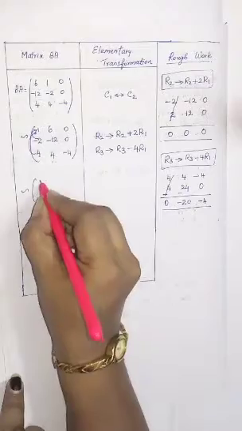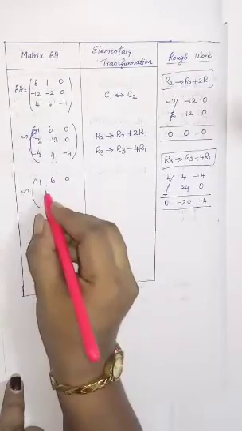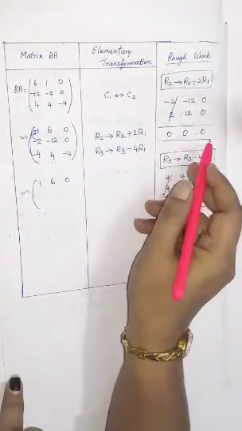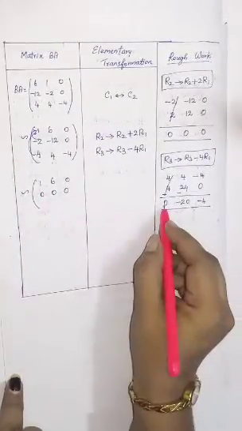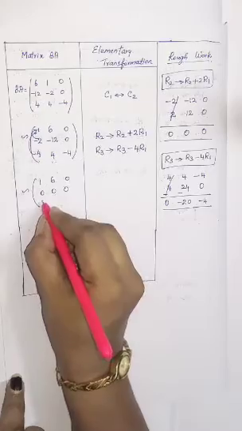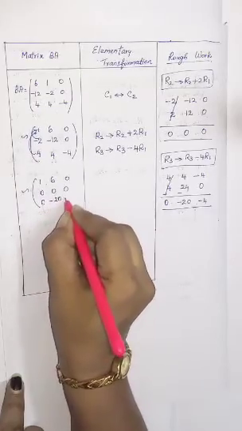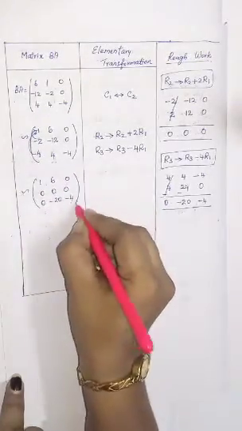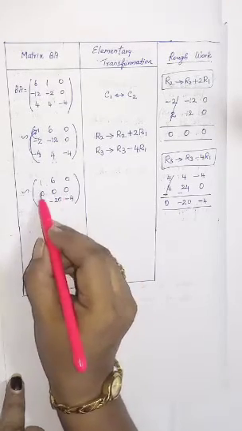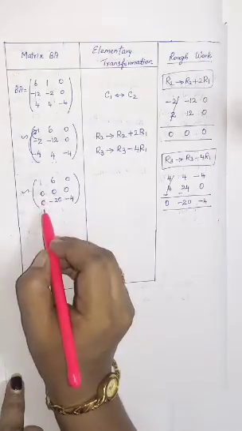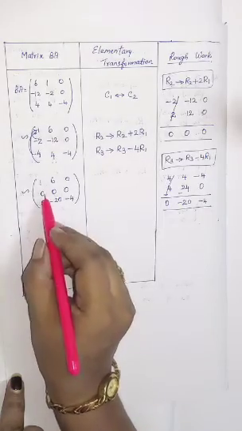It is equivalent to 1, 6, 0, first row as it is. Second row 0, 0, 0, so you can give 0, 0, 0. Third row 0, minus 20, minus 4. Now we should make this place 0, but here just see your second row, everywhere it is 0. So what I am going to do is interchange your row 2 and row 3.